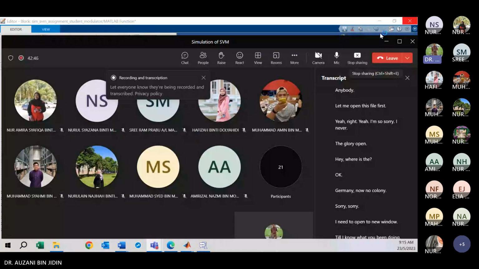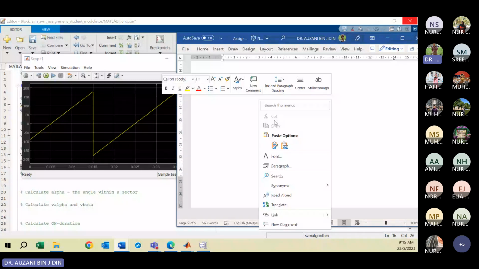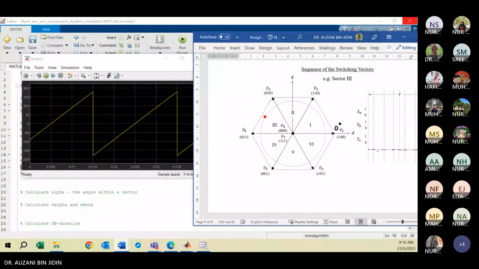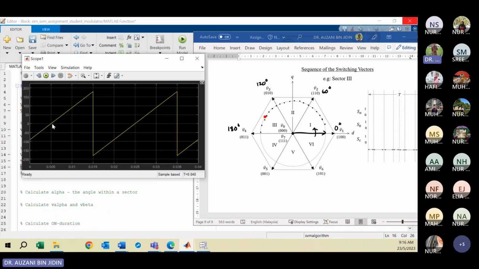Okay, so your output is theta degree. Remember, for V1 the angle is 0, right? Here is 60, 120, 180. So your reference starts from here and rotates and rotates to form a circular locus. From 0 here, my cursor varies to positive 180, right?